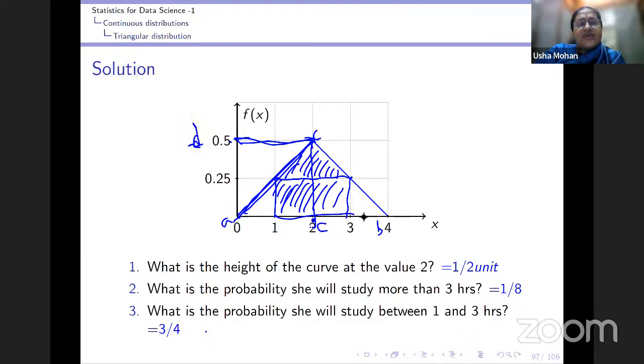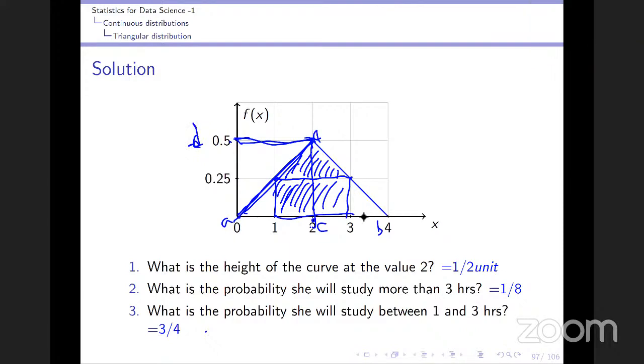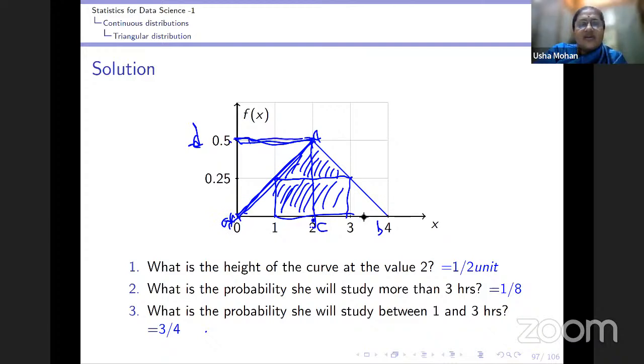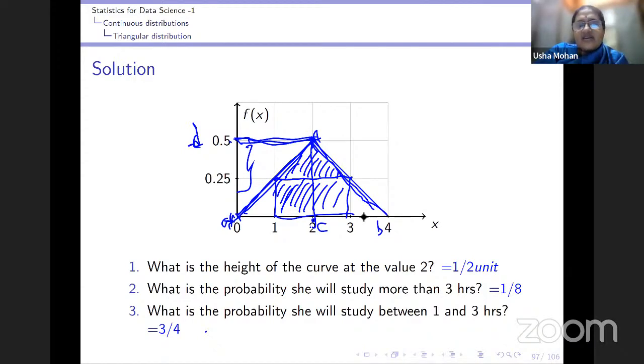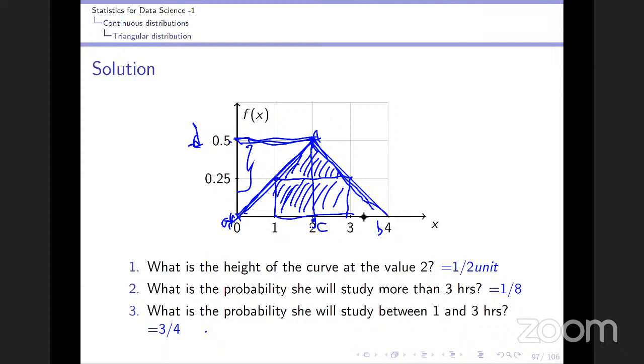What would this line be? D by C minus A. Is that right? Now vertical height by... What would be the slope of this line? It will be negative D upon negative, right?